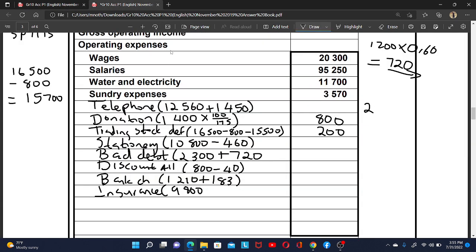So we need to know the months that does not belong in this year. So to do that, we're going to say 2,160 because the month of March, April, May, June 2019 data did not belong in this year. So I'm going to say times 4 divided by 12 is 720. So minus 720.